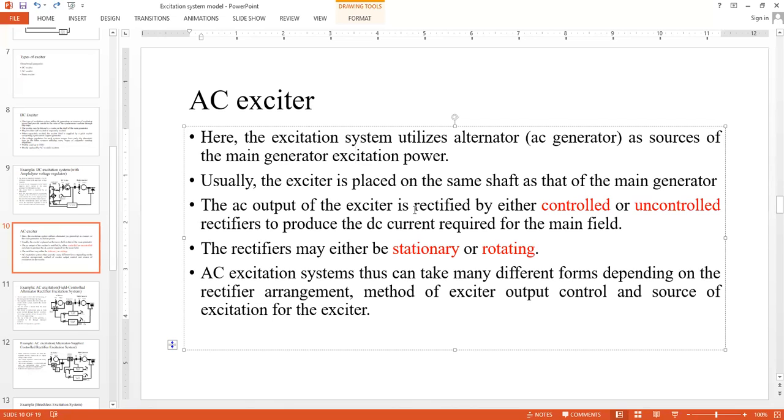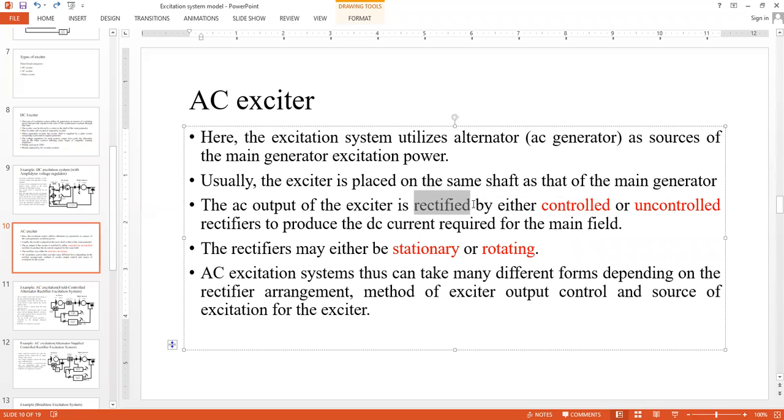So what you have to do is provide some sort of rectification. Again, rectification could be of different kinds. If you use simply diode, then it is uncontrolled. If you use something else than diode like SCRs, then you can, of course, implement some sort of controlling of the firing angle.